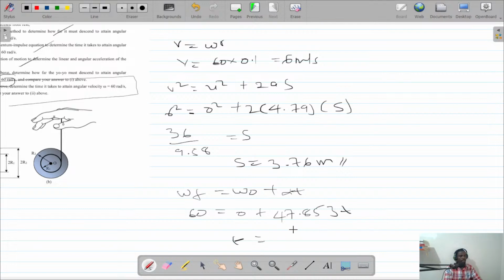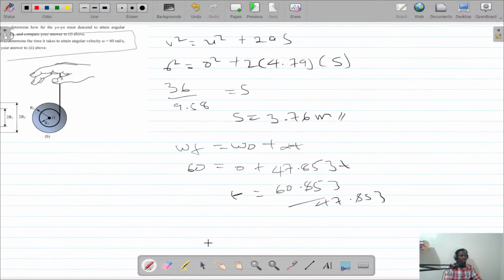So t will be equal to 60 divided by 47.853. So I have 1.271 seconds here.